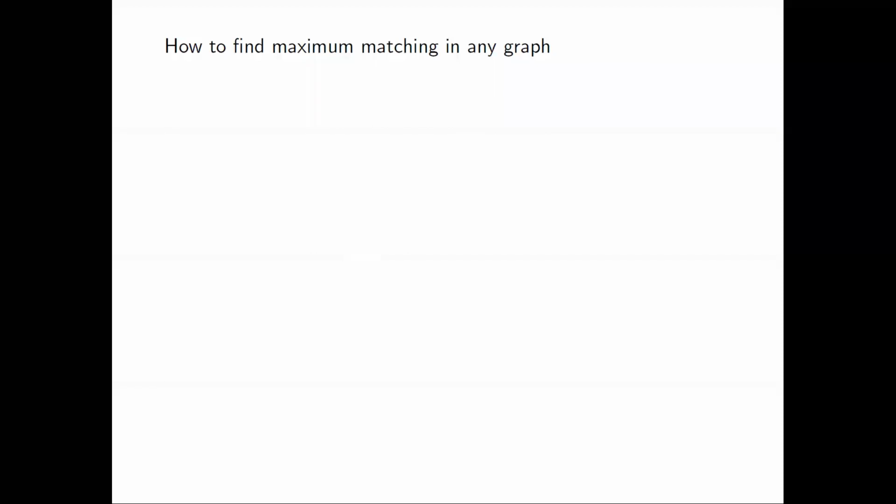So before we focus on the bipartite graphs, we're first going to discuss how we would find a maximum matching in any graph. And then we will focus specifically on the bipartite graph once we have an outline of a solution for any graph.